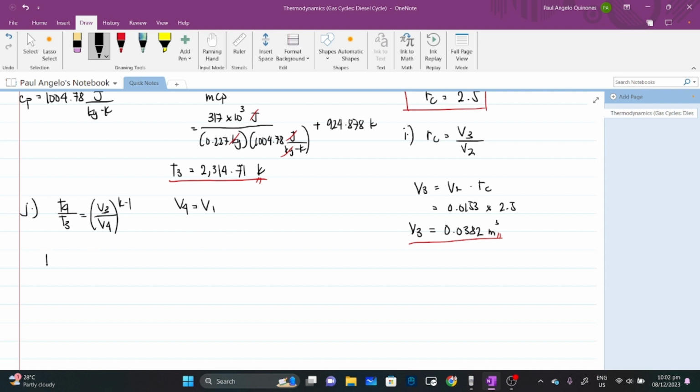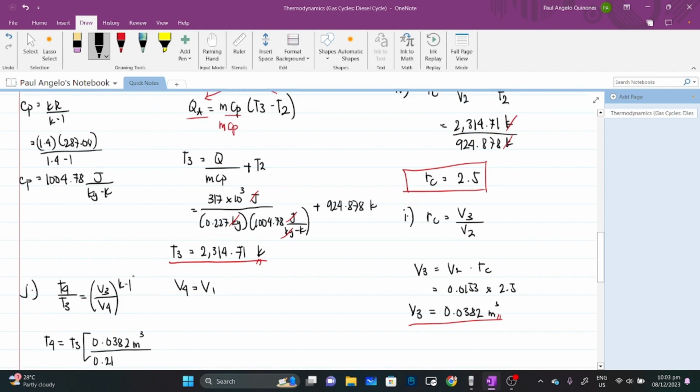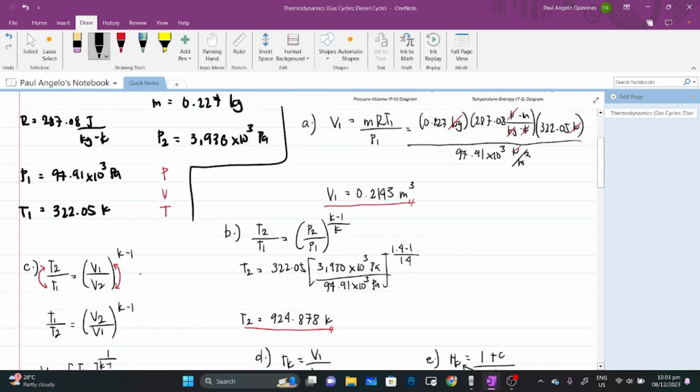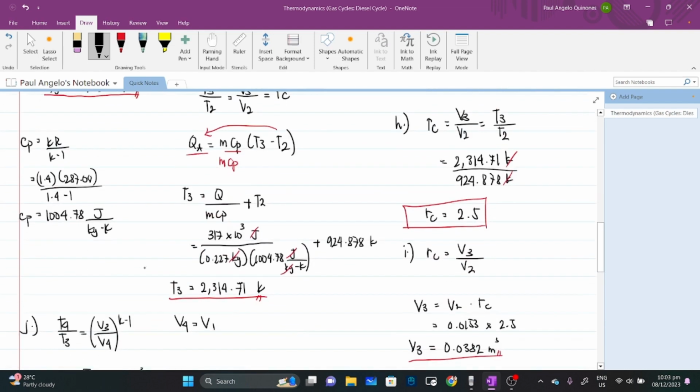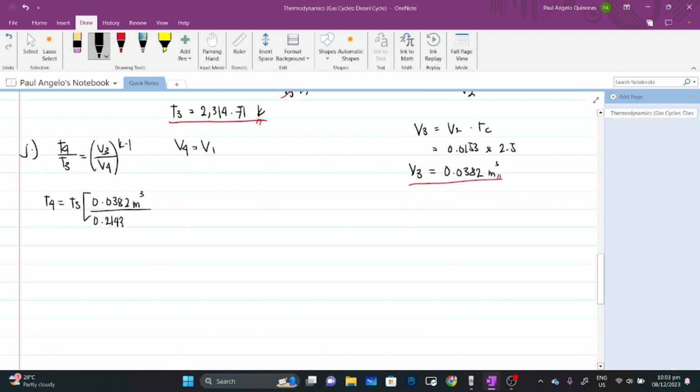So T4 is equal to T3 quantity V3, 0.0382 cubic meter, over V4, that is equal to V1, which is 0.2143 cubic meters, raised to 1.4 minus 1.